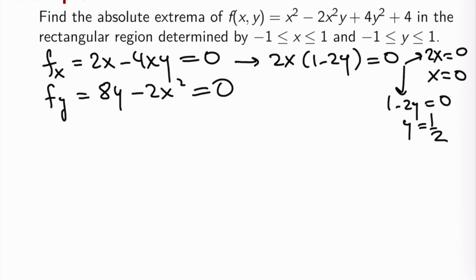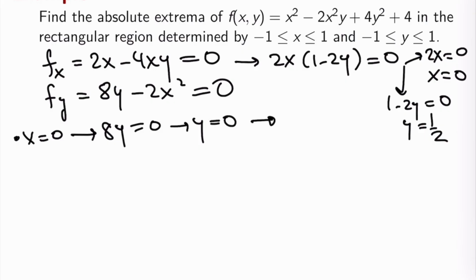So then, if x is equal to 0, for the first of the solutions, we substitute here and we get that 8y is equal to 0, and then y is equal to 0. So this is going to be our first critical point, (0, 0).